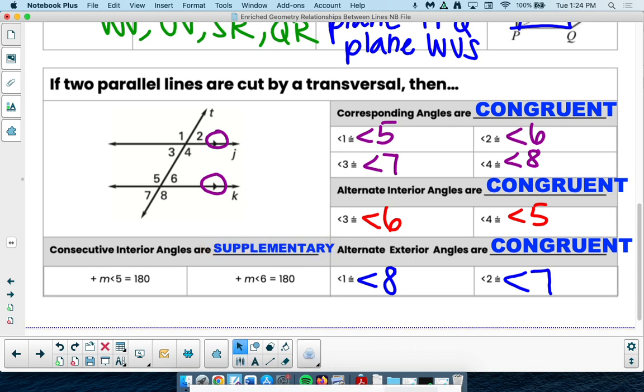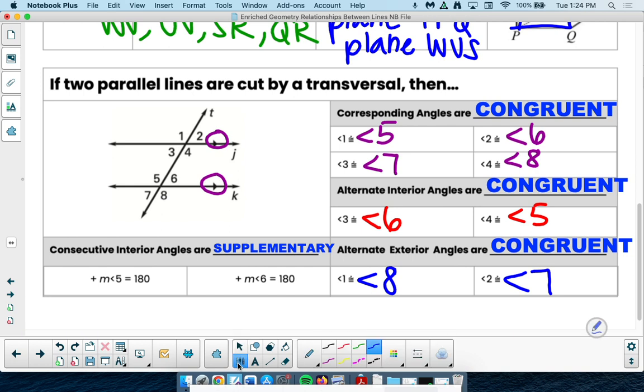And then the weird one is our consecutive interior angles. They are supplementary. What does that mean? Add to 180. So angle blank and 5 add to 180. Yes, the measure of angle 3, those are consecutive interior angles.